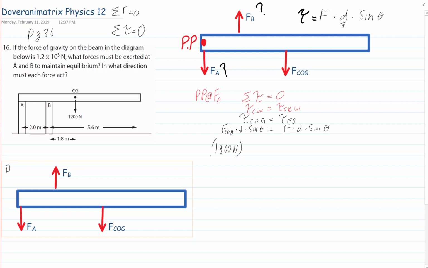The distance it is away, that distance there, will be 3.8. And this sine of theta, as I always do, is just 1, because the angle between the radial arm and the force is 90 degrees.